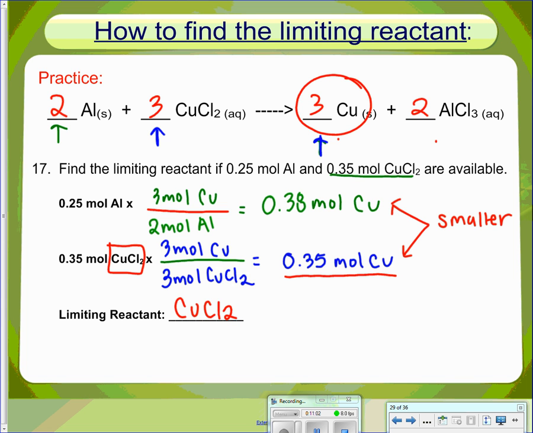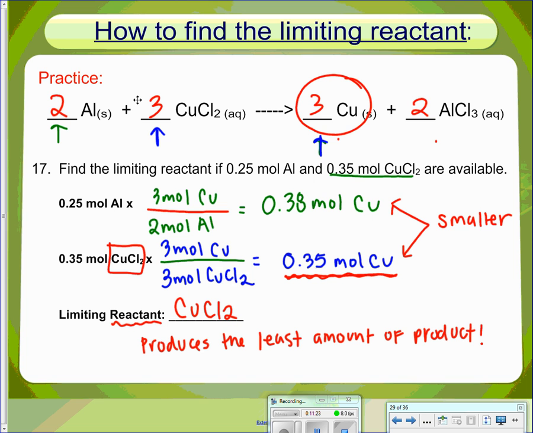So again, the limiting reactant is the reactant that produces the least amount of product. Which one's the least amount of product? The 0.35 moles of copper. Okay, so that's an easy example.